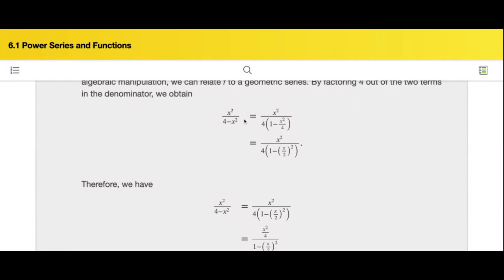Oh, it's here, right? So we have x squared divided by 4 minus x squared. Factor out 4, because we need 1 minus r. So factor of 4, we get 1 minus x squared over 4. Then this x squared over 4, we can put in the numerator. Right? X squared over 4 is just our a term, first term a. Then the bottom will have 1 minus x squared over 4.